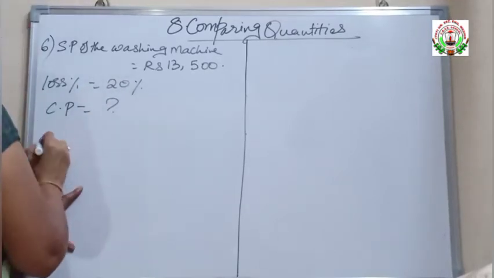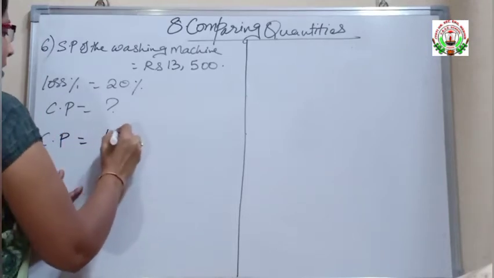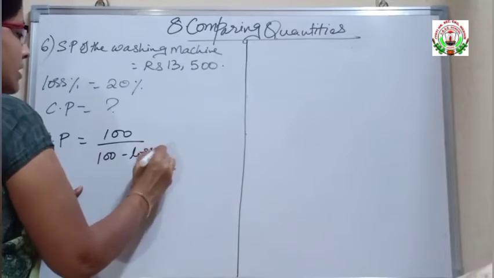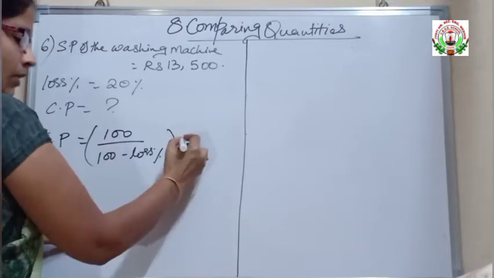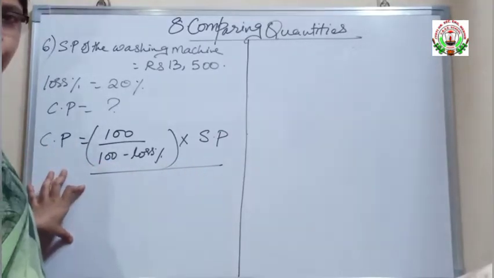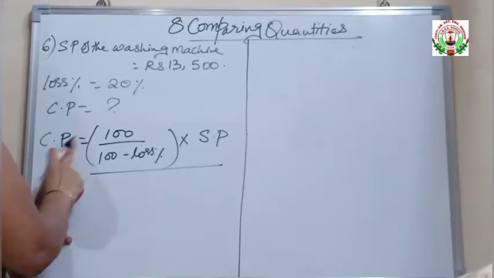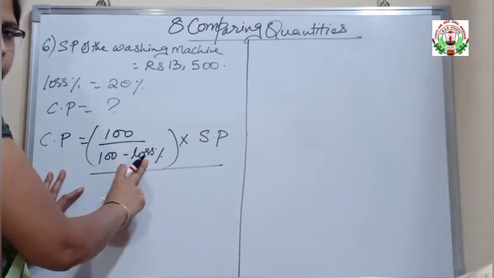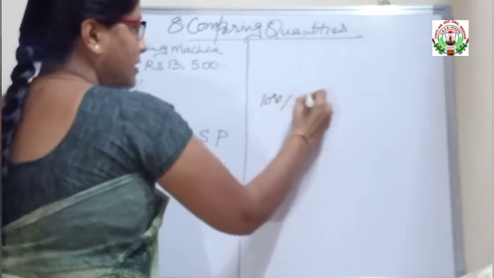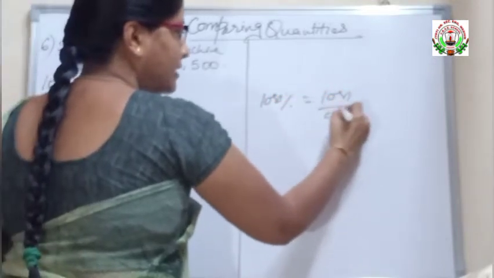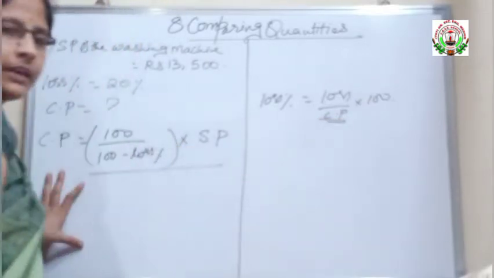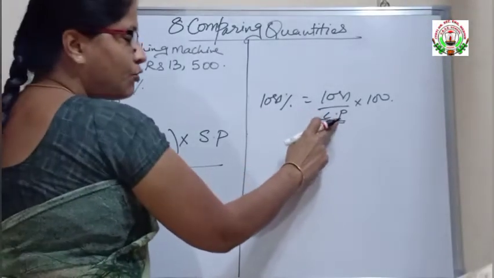Loss percent is given 20%, and we have to find the CP. So finding the CP, the formula is 100 by 100 minus loss percent into SP. This is the formula which we are going to use to find the CP, because loss is CP minus SP. There also, to use the formula loss percent is equals to loss by CP into 100, here also the denominator is CP, but we have to find this CP.